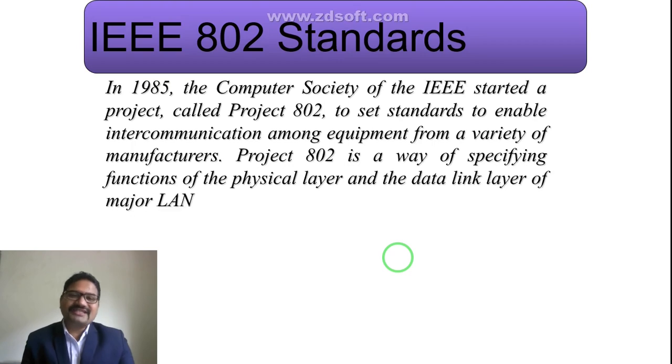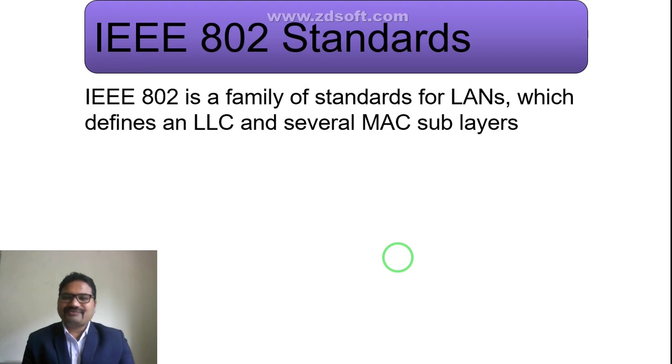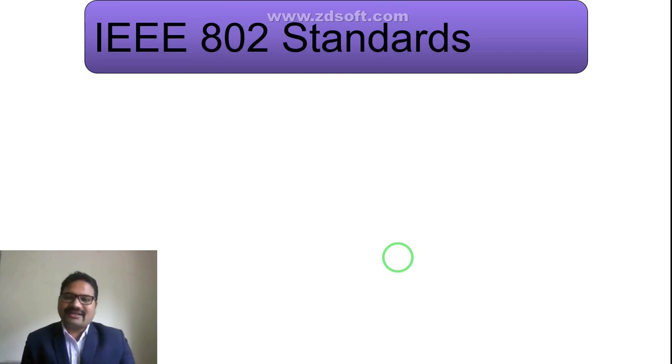Project 802 is a way of specifying functions of the physical layer and the data link layer of the major LAN protocols. So IEEE 802 is a family of standards for LANs, that is local area networks, which defines an LLC and several MAC sublayers.